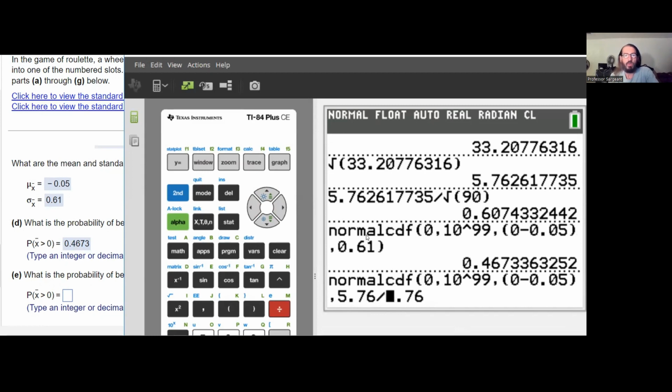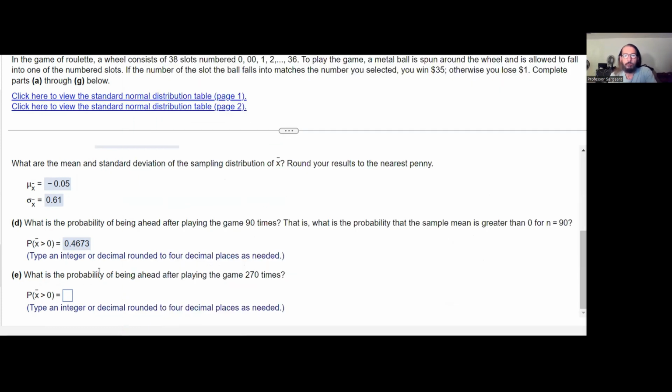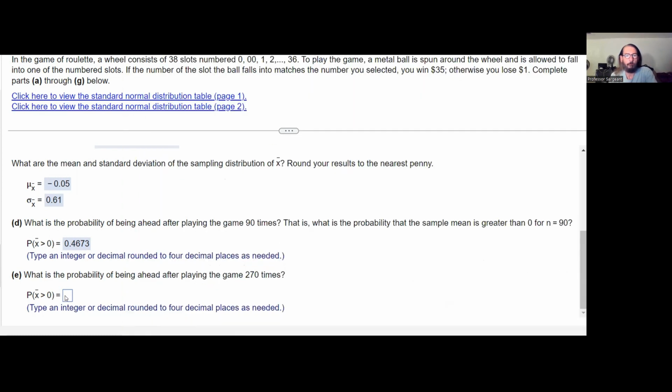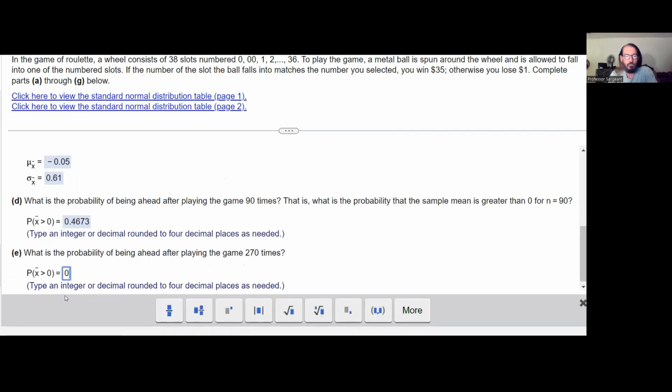Now divide by the square root of 270. Checking that before I press enter. Yep, play 270 times. It's gone down. That 8 is going to round the 2 up: 0.4433.